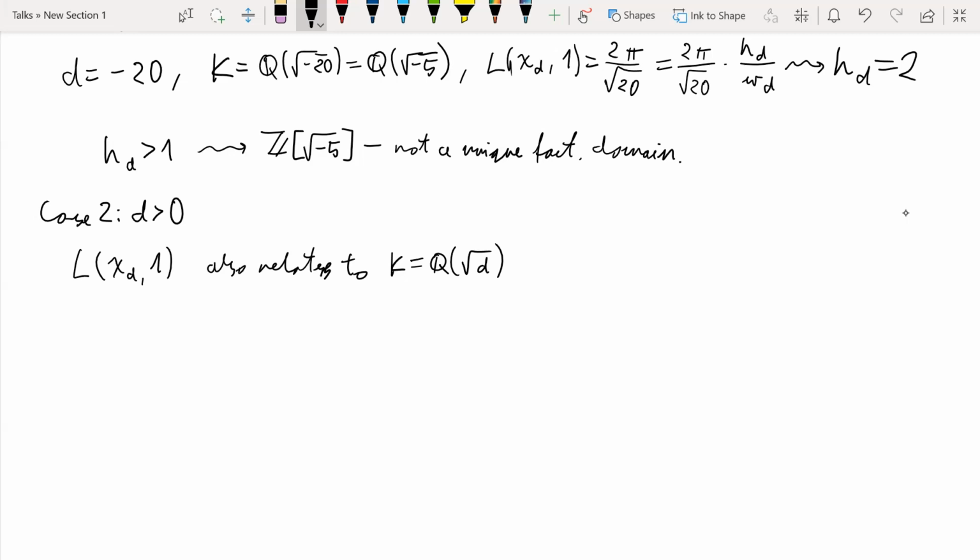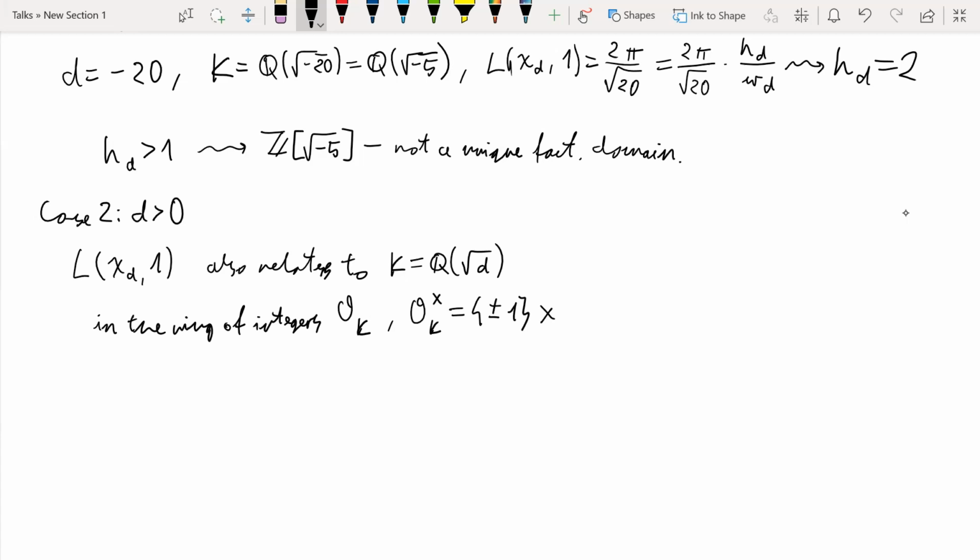And in fact, if we consider the ring of integers, which is denoted O of k, we'll have that the set of units is going to consist of plus minus 1, and it will be a product with an infinite cyclic group, which is generated by a single element.